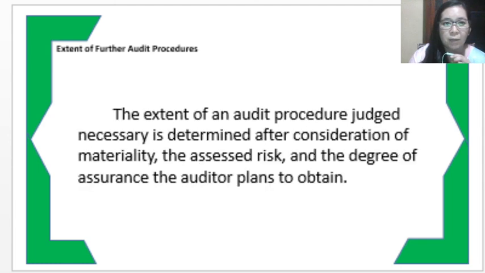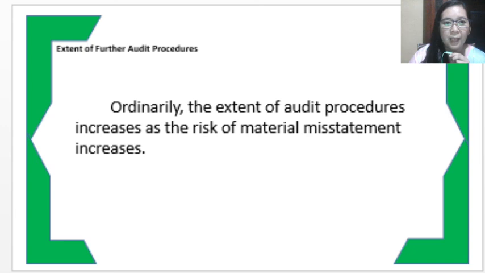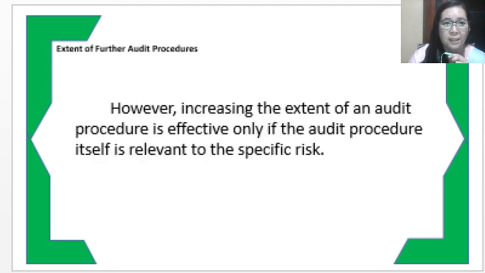The extent of audit procedures judged necessary is determined after considering materiality, the assessment of risk, and the degree of assurance that the auditor plans to obtain. Ordinarily, the extent of audit procedures increases as the risk of material misstatement increases, meaning more samples should be evaluated to gather more evidence.